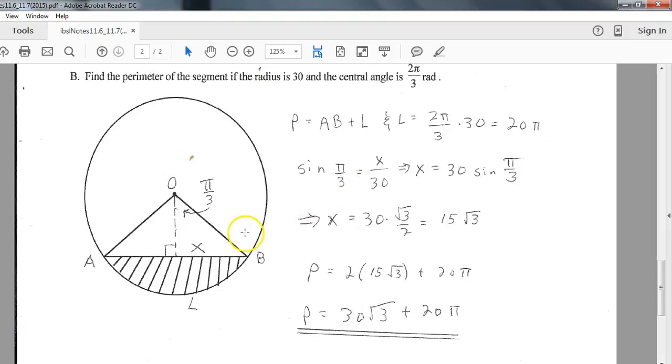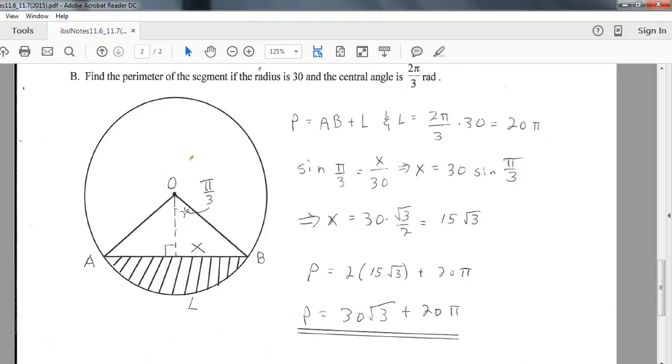So for this particular problem, one way to approach this, and there can be different methods on this, but if you know that your central angle right here is 2 pi over 3, because this is a radius and this is a radius, and we know all radii are congruent within a circle, when I draw in that height right there for the triangle, I know that I am cutting this angle in half, which means this is now pi over 3, because it's half the central angle.